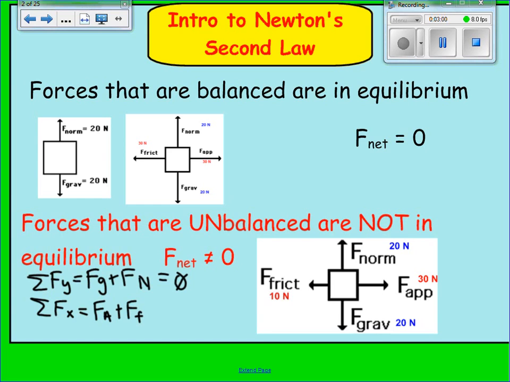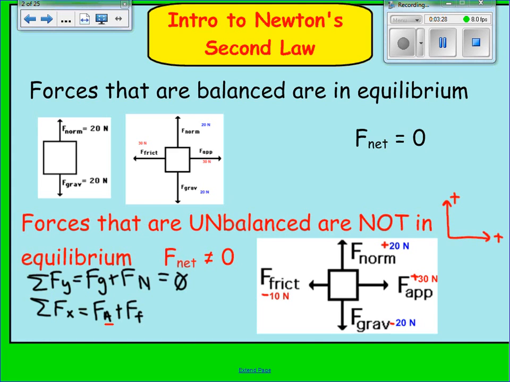In this case, how would we solve for what the net force actually equals if it's not 0? Well, we plug our numbers in. Now, when we're dealing with objects that are not in equilibrium, it is important to make sure that you establish a positive direction. Typically, the way I will always do these problems is I will make up and to the right both positive. So what that means is this would be a positive 20, this would be a negative 20, this would be a positive 30, and this would be a negative 10.